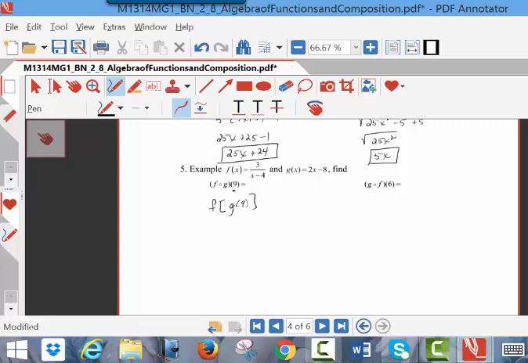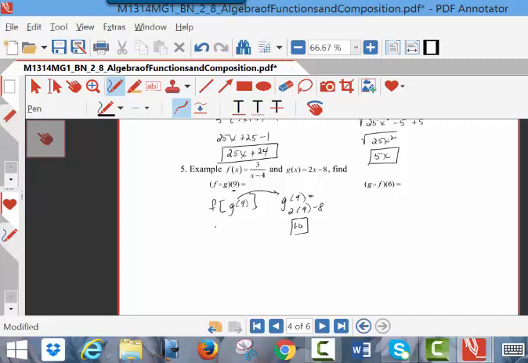Instead of f of g of x, it's f of g of 9. And g of 9 is going to be a value, a number. So let's figure out what in the world does g of 9 equal. Well, g of 9 is just 2 times 9 minus 8, which is 10.